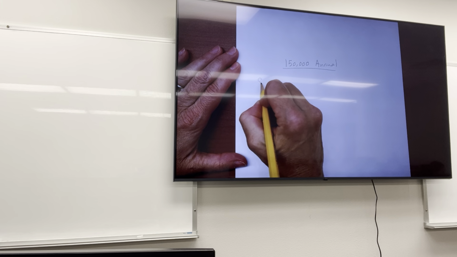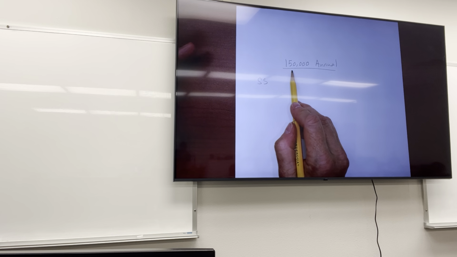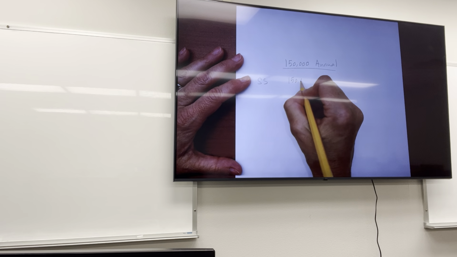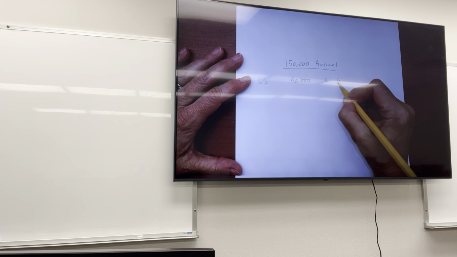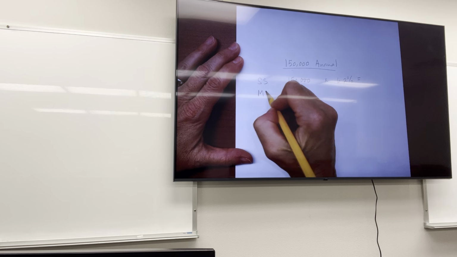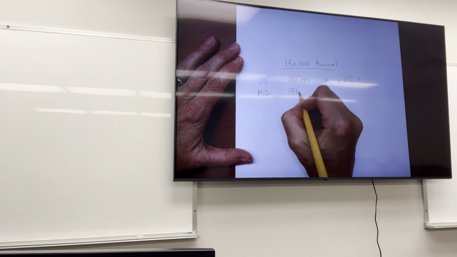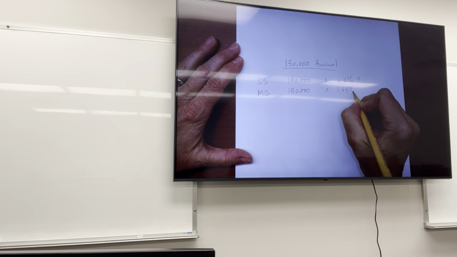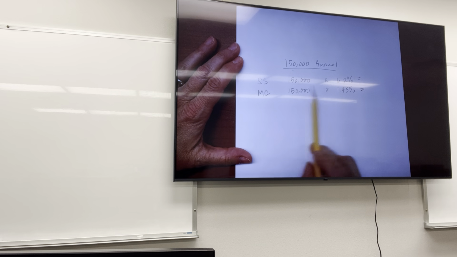For Social Security purposes, they have not reached that $160,200 wage base, so all of their income is going to be subject to Social Security tax times our rate, and we'll just look at it from the employee portion, the amount that's withheld. For Medicare taxes, again, same thing, all $150,000 is going to be subject to that Medicare tax of 1.45%. So again, here's our calculation, base times our rate. Get my calculator out here.